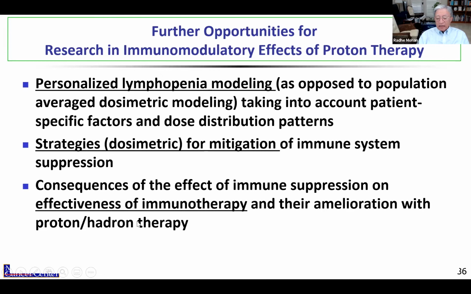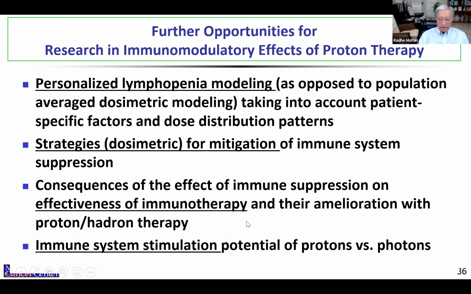And then another important point is that what we're finding is that the suppression of the immune system affects not only the outcomes of radiotherapy, but may also affect the outcomes of immunotherapy after proton therapy or radiotherapy with heavy ions. Yet another possibility is that protons may induce more immune system stimulation compared to photons.